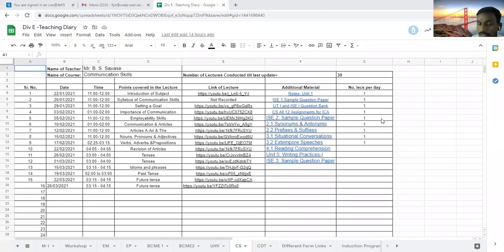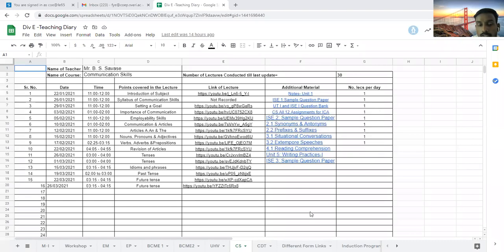I hope it is visible in your study material sheet, Division E teaching diary. You will get other material for unit number 2 test, UT second, and ISC second. For that, you are going to get some study material here. In this column, I see second sample paper.